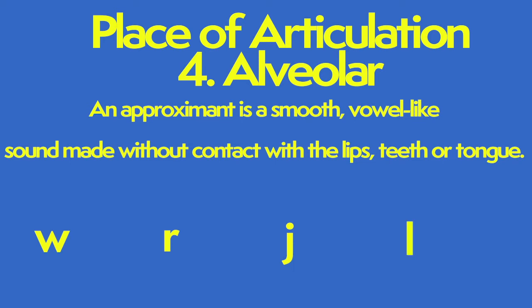Which one of these approximants involves the tongue touching the alveolar ridge? R, y, or l? Practice by yourself. So the answer is l, as in look. When you say the l sound, you can feel the tongue touches the alveolar ridge.